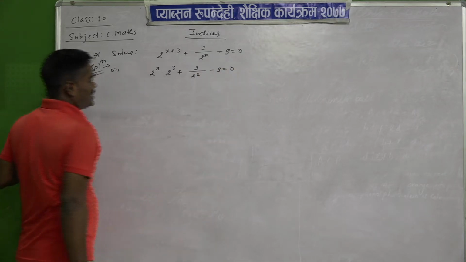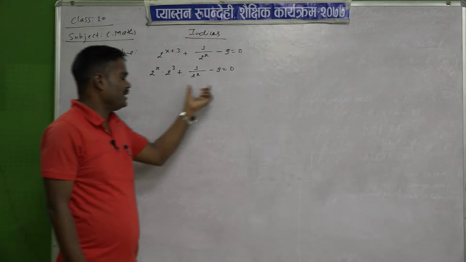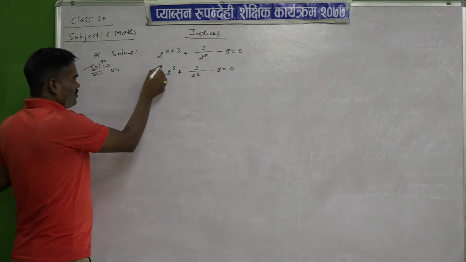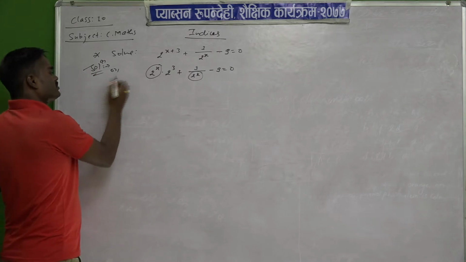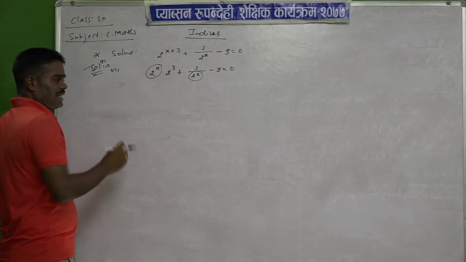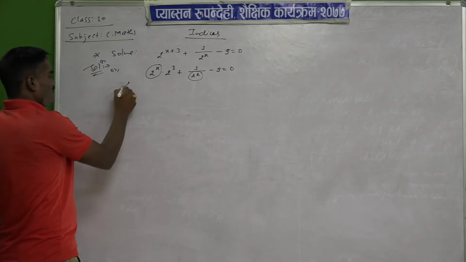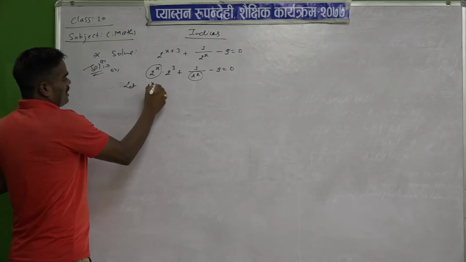9 equal to 0. And then, to make it easy, you are watching both are the same. So we suppose this 2 power x to be some alphabet. Let 2 power x equal to what?